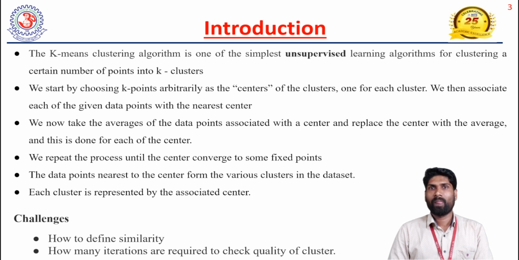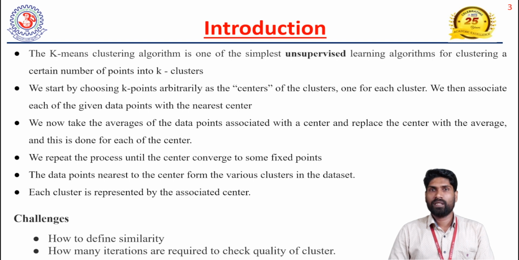And now we are calculating the distance between different points and each and every cluster, and we are assigning the points to the corresponding clusters. Then we will change the centroid on the basis of average values.